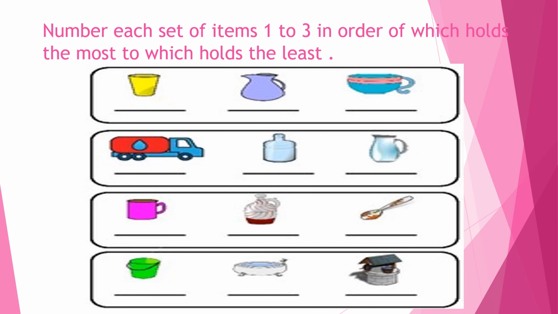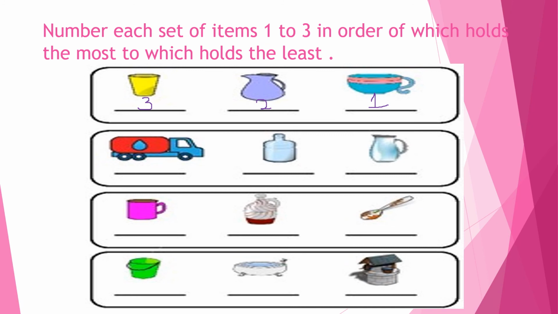I think these will be number 1. These will be number 2. And this looks smaller than all of the other objects, so this will be number 3. Good job. Can you now do the rest?